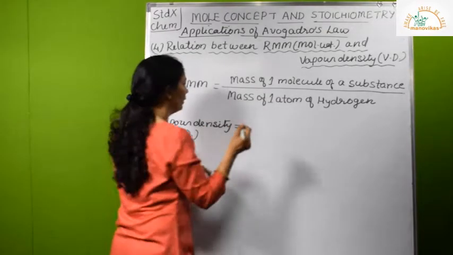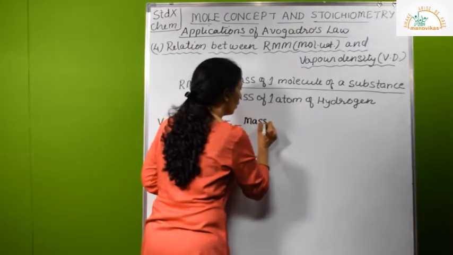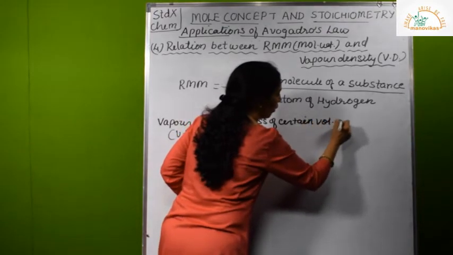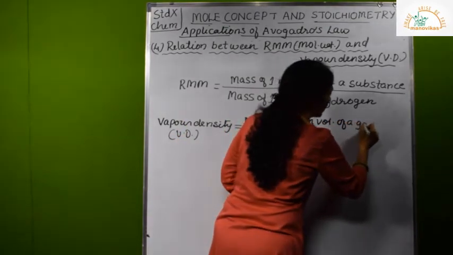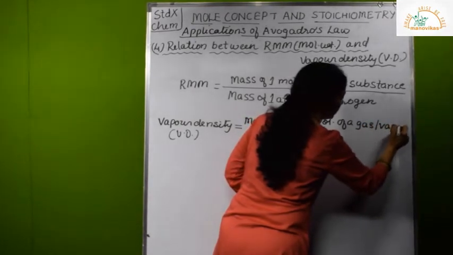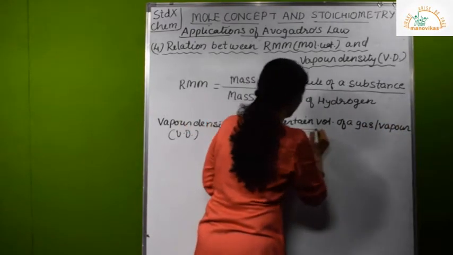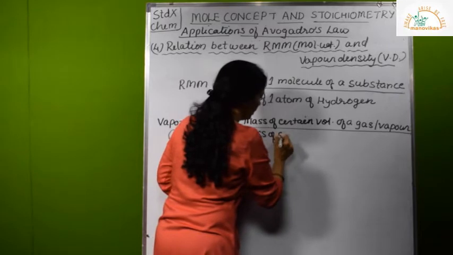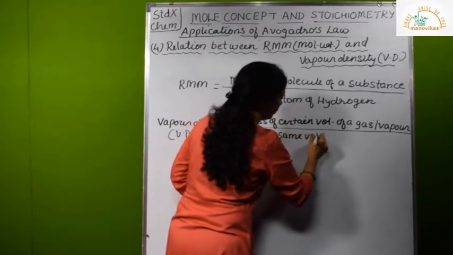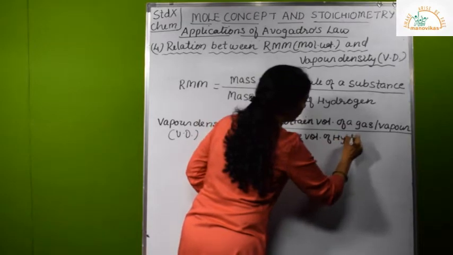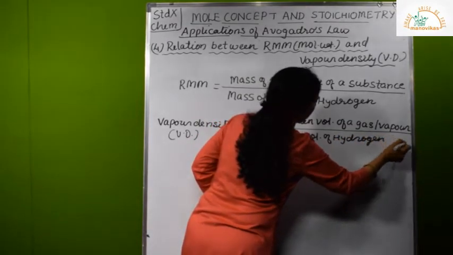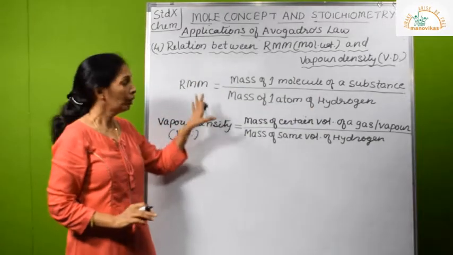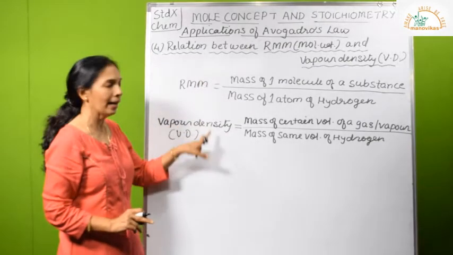So vapor density is mass of certain volume of a gas or vapor to mass of same volume of hydrogen at same temperature and pressure. So these are the two things. Now we have to get relation between this and this.